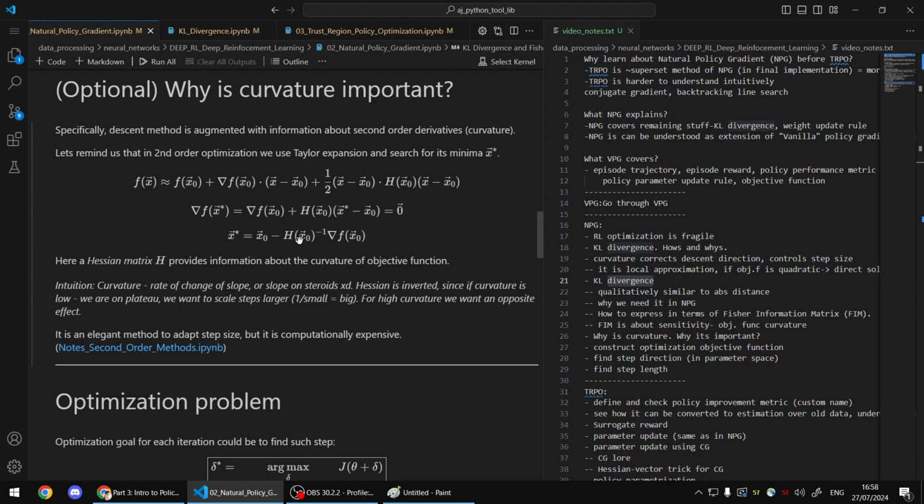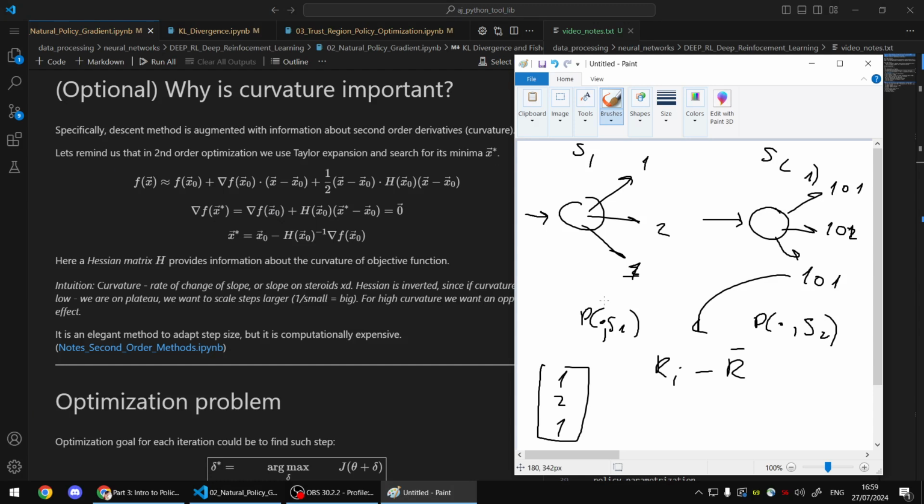In fact, if this f of x is actually a quadratic form and we approximate a quadratic form with a quadratic form, then this solution gives an exact solution in one iteration.